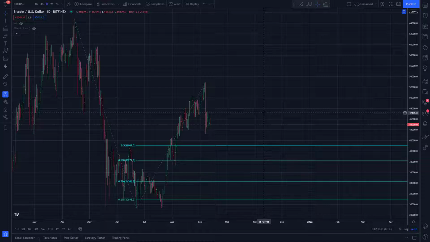And then after that, I believe when the correction completes, whether it be a triangle or just a zigzag, I think that's when we'll launch up into next year and go for that 100,000 plus target in wave 5. But I think there's just still some more time to consume and probably some lower price levels, at least from our current juncture, before that happens.